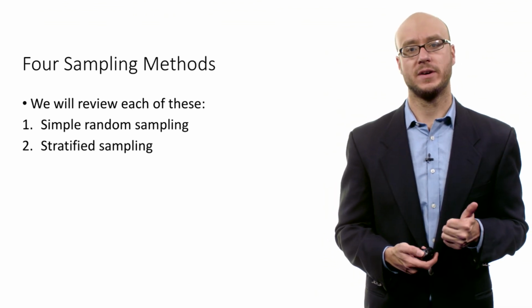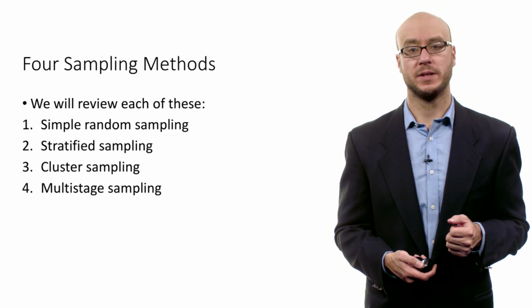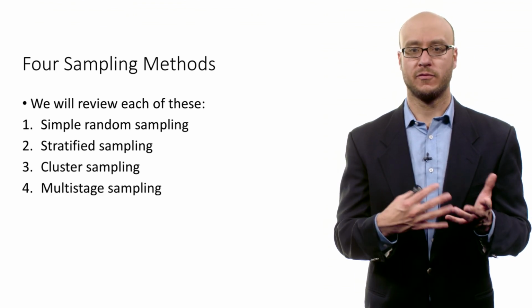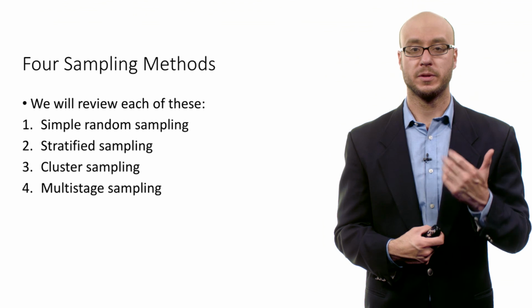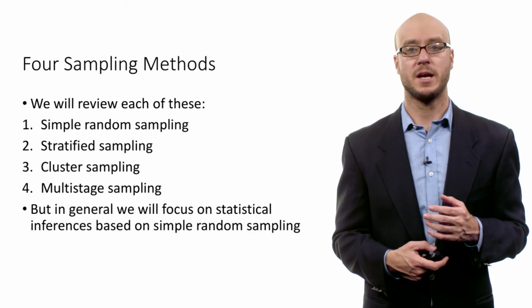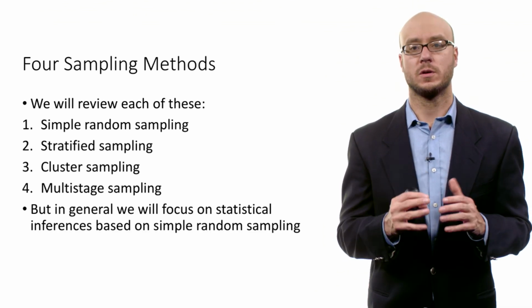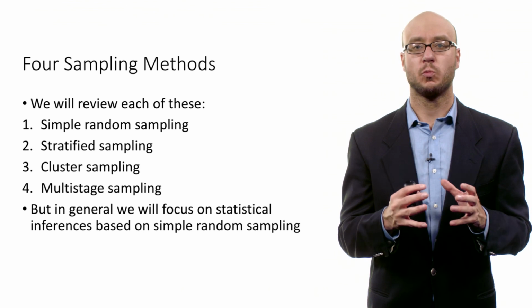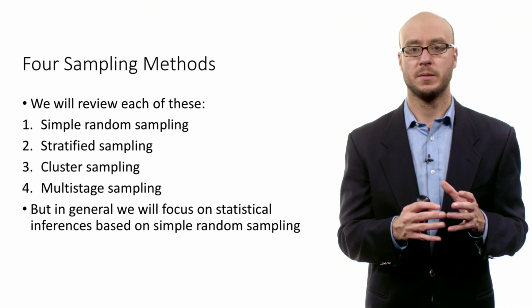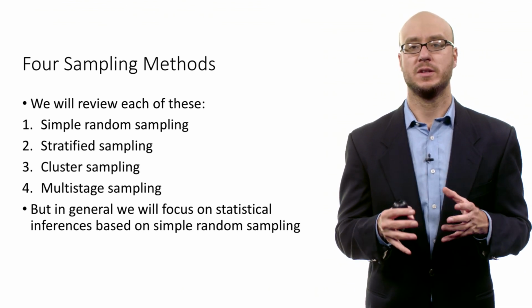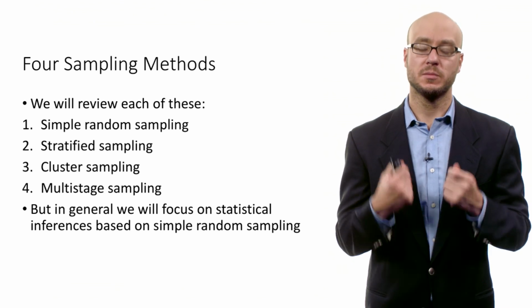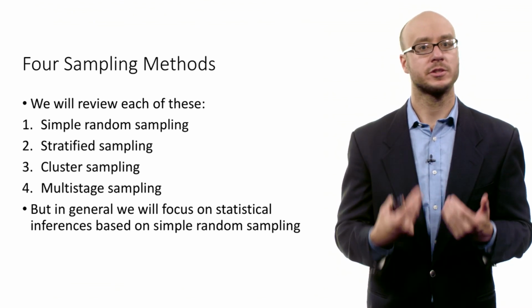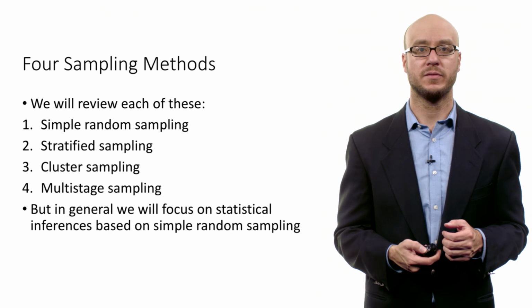We're going to talk about stratified sampling, cluster sampling, and then a related version of cluster sampling, which is sometimes called multistage sampling. For this course, unless otherwise stated, we're going to focus on simple random sampling. But it's important to cover these other methods because you will see them a lot in applied research and in studies in a variety of fields.